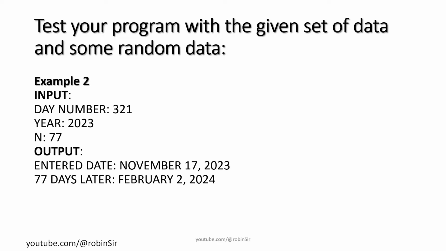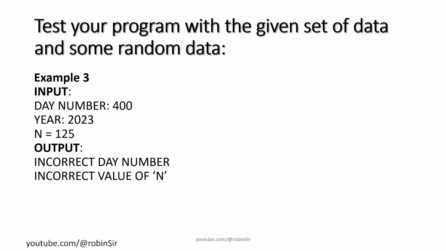Another example, if the day number is 321, year is 2023, n is 77, then the entered date becomes November 17, 2023 and 77 days later it becomes February 2, 2024. So the year also has changed accordingly.